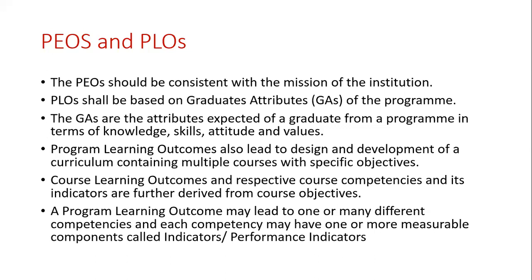Course learning outcomes and respective course competencies and its indicators are further derived from course objectives. Program learning outcomes may lead to one or many different competencies, and each competency may have one or more measurable components. In short, we call them indicators or performance indicators, PI.